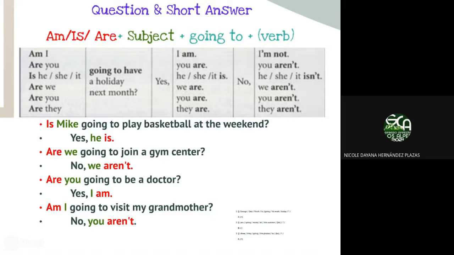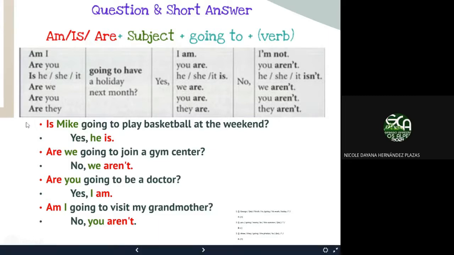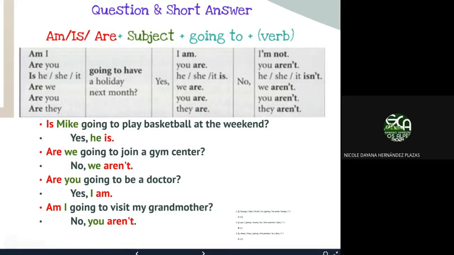Are they going to study for the final exam? ¿Sí ven? Cuando es la pregunta, van a poner primero el verbo to be, luego el sujeto, luego el going to y el resto. Is she going to go to the party?